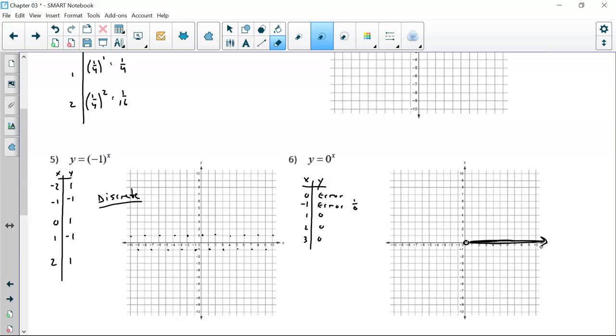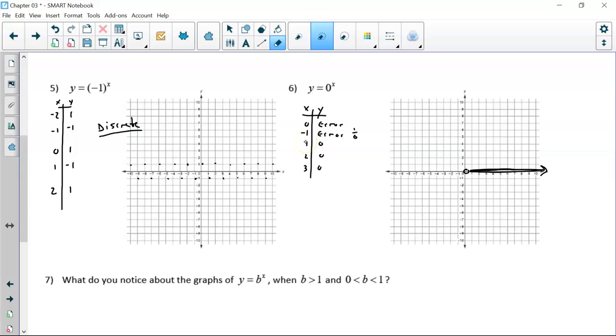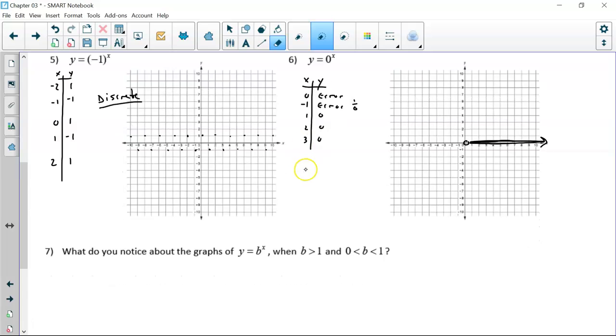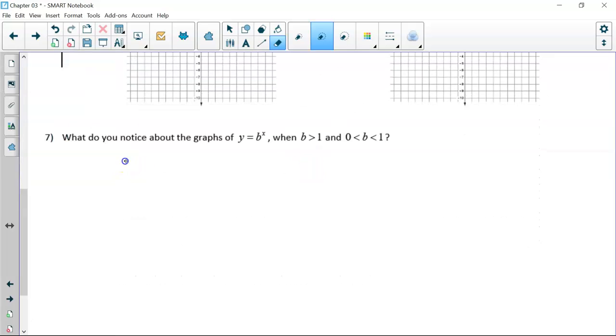Now, the reason I included those last two graphs is when you notice for y equals b to the x, when b is greater than 1, if you look at our first two problems, it's growth. It grows from left to right. When b is between 0 and 1, it's decay. It falls from left to right.